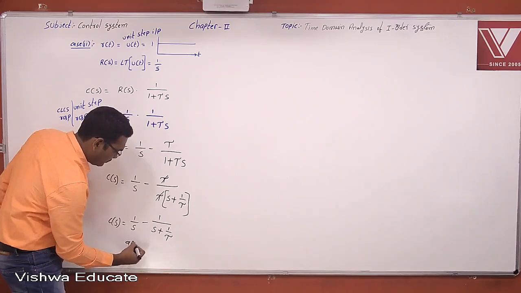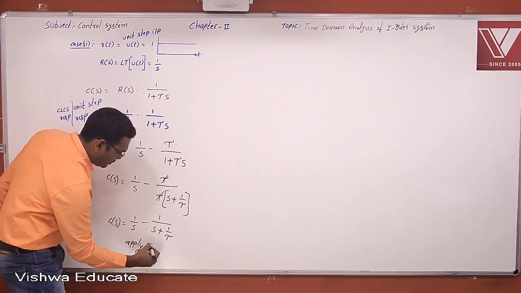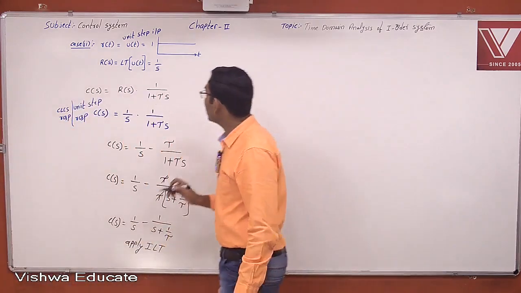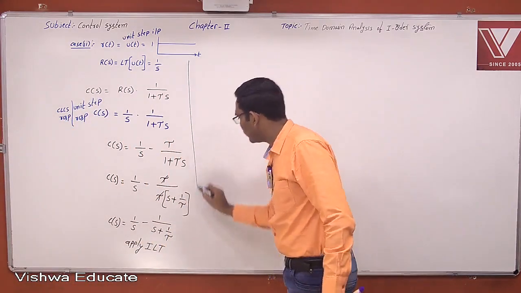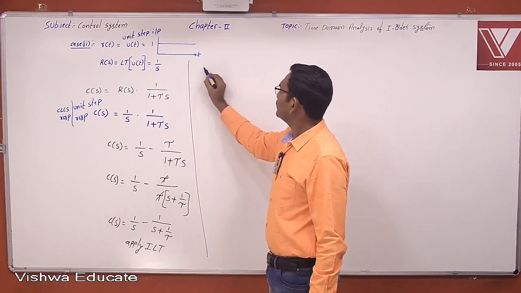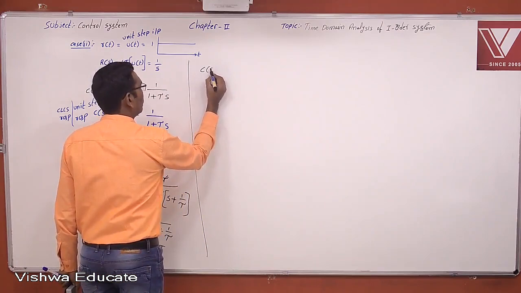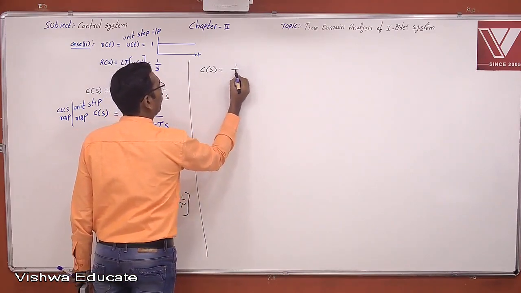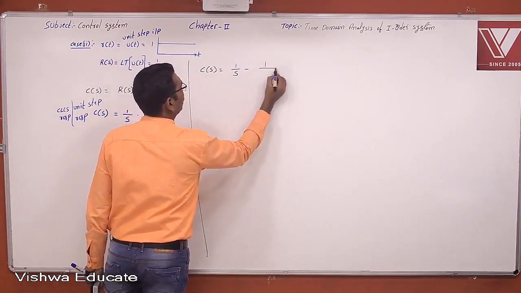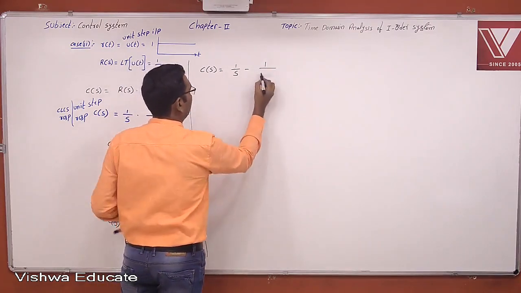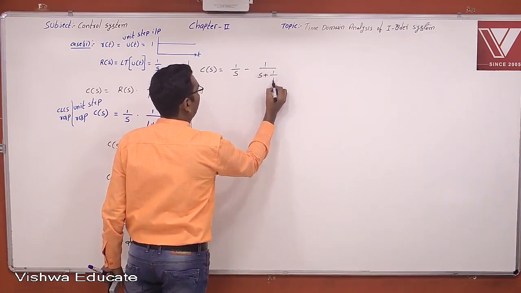Now apply the inverse Laplace transformation. C of S is equal to 1 by S minus 1 by S plus 1 by tau.